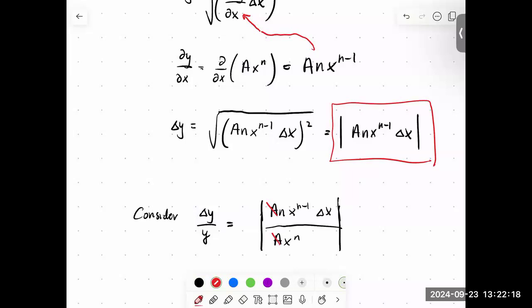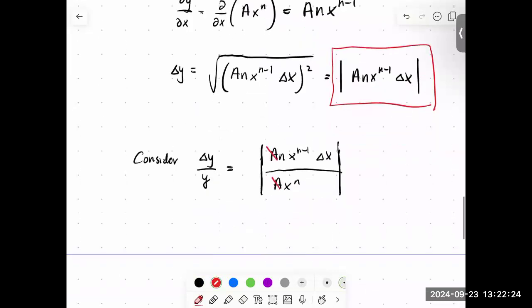Then we have x to the n minus 1 divided by x to the n. That's just 1 over x. So all of this stuff is 1 over x. And so what we end up with is n times delta x over x.